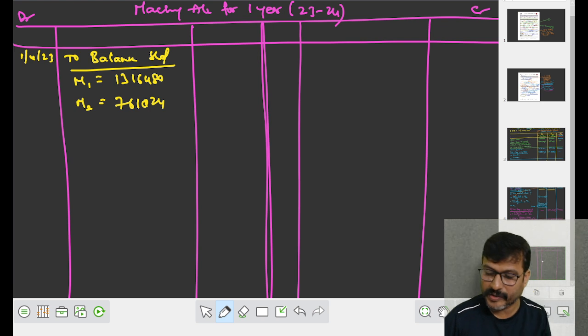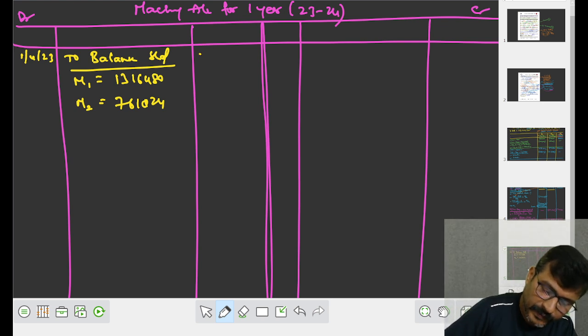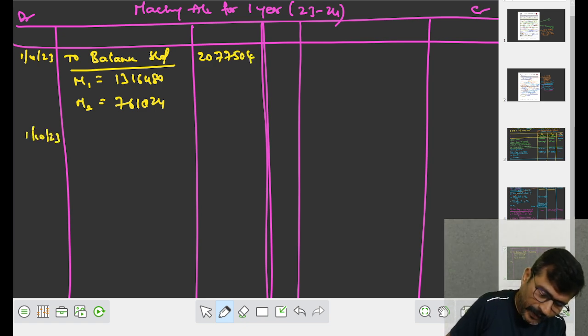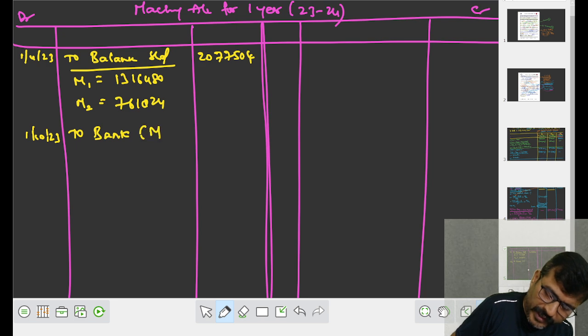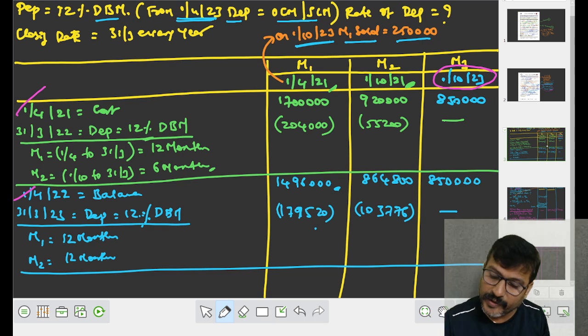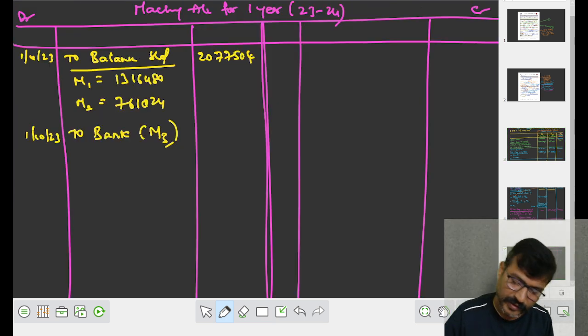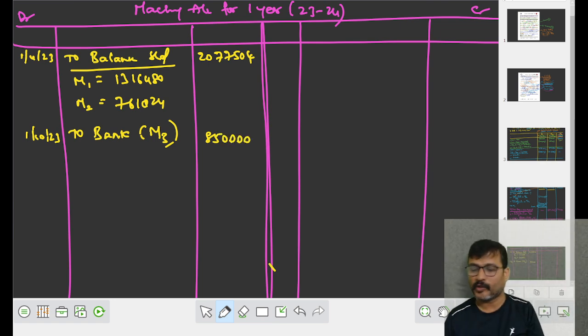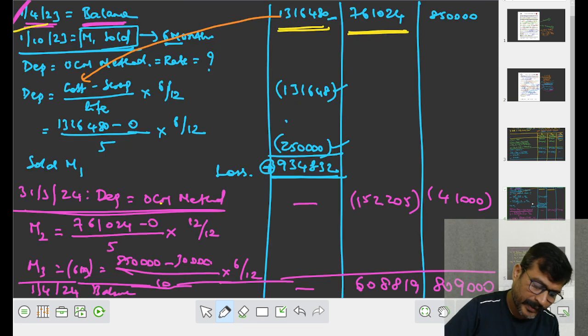Add both the machines. When you add both the machines, your total comes to rupees 20,77,504. But in October 23, what did we do? We purchased a new machine called M3. See, M3 is purchased for how much? 8,50,000. No installation charges, nothing. Okay, that completes your opening balance.